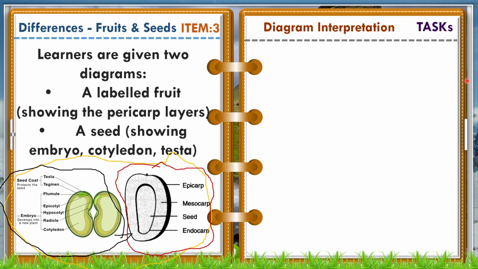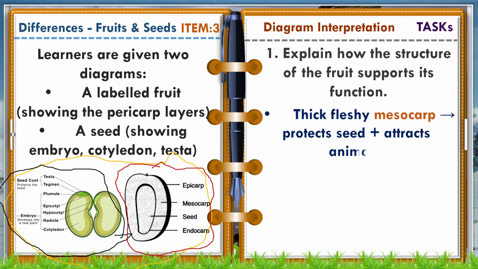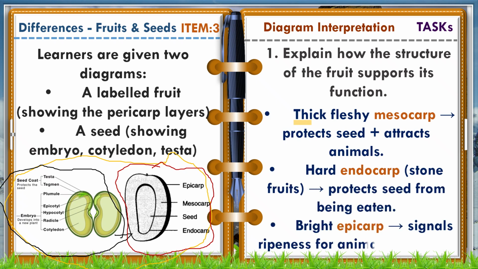Tasks. Explain how the structure of the fruit supports its function. It is thick, fleshy. It has got the mesocarp. This one protects the seed and attracts animals.